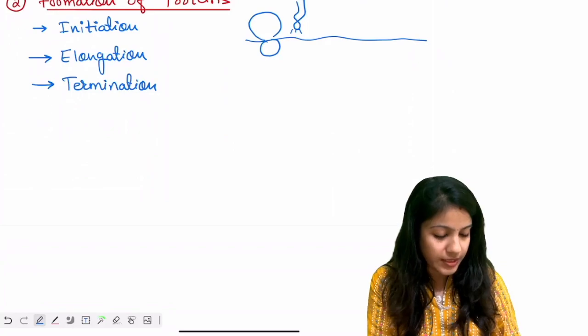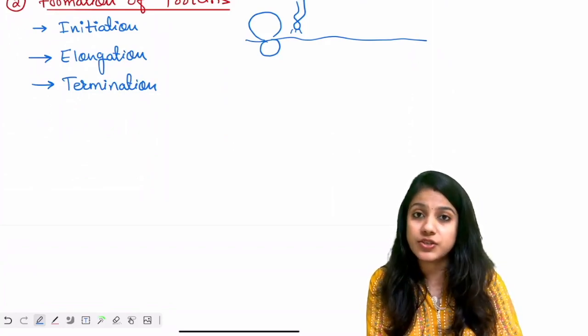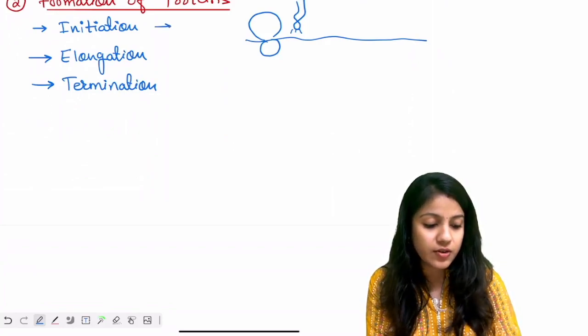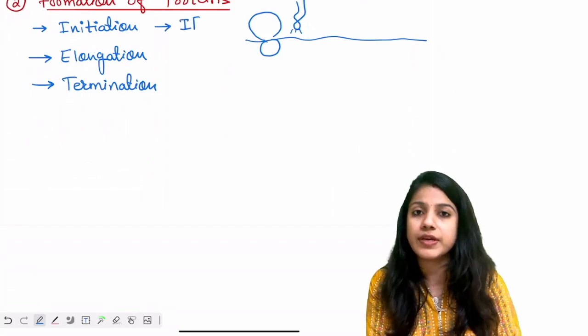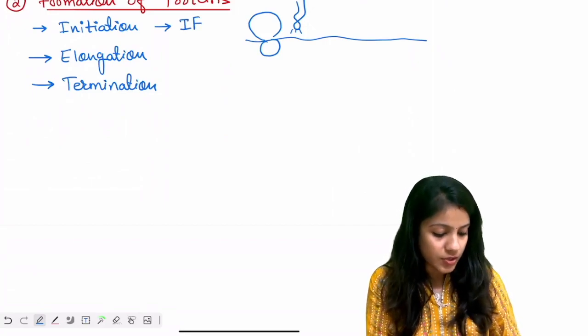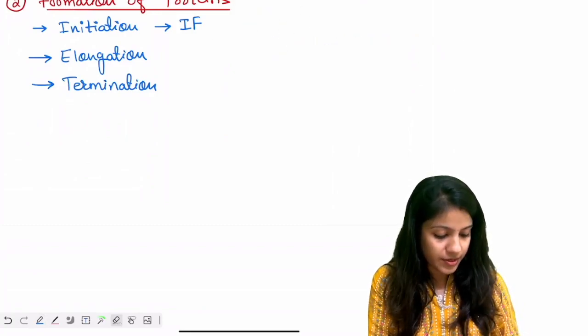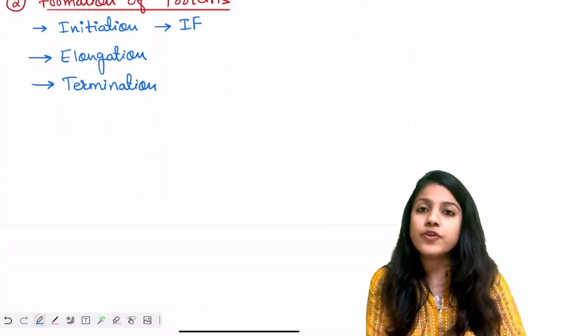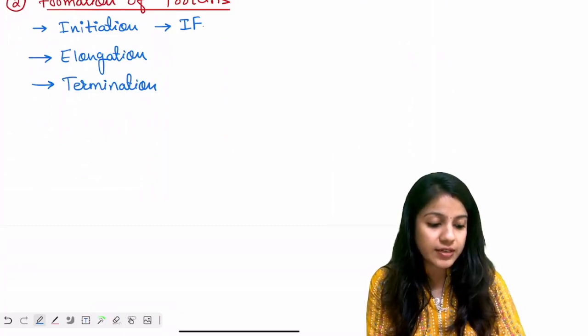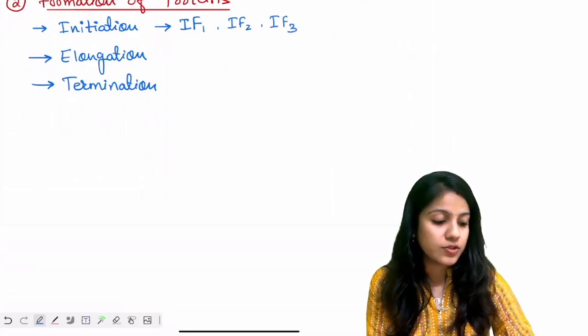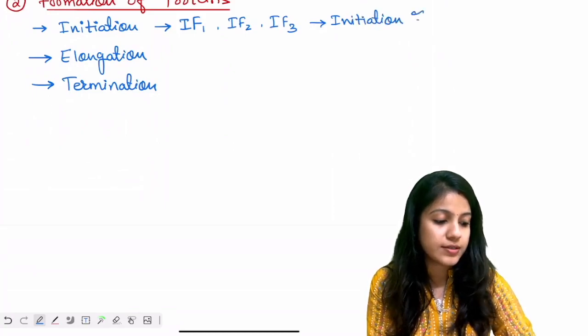Those factors are called initiation factors, in short IF factors. For initiation, we need three factors: IF1, IF2, and IF3. So these are nothing but initiation factors.